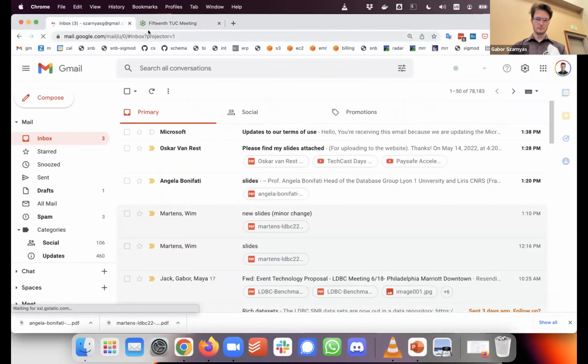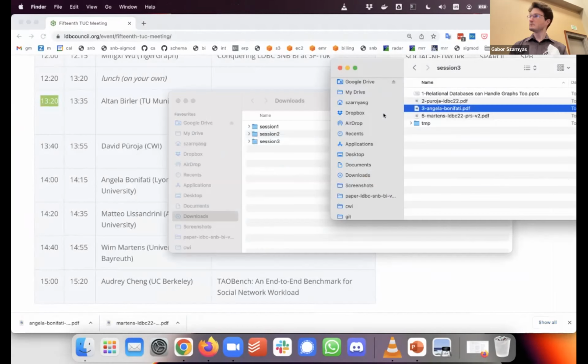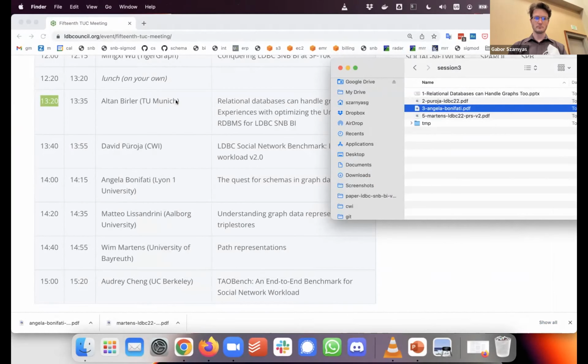Okay. So what's your intuition that a relational database can handle graphs, or is your intuition mainly for BI workload, and you can achieve the scalability by the broad joining?